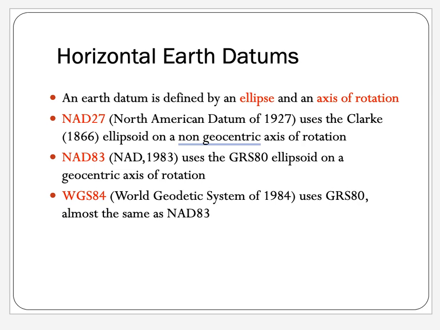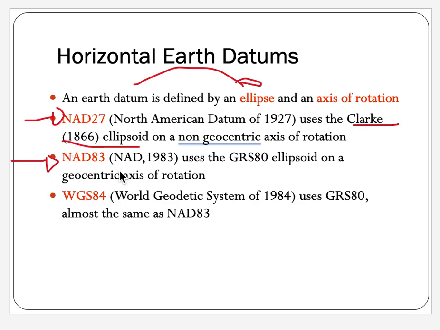Again, these are the horizontal Earth datums. And again, an Earth datum is defined by an ellipsoid and an axis of rotation. So we know that the NAD 1927 datum is retired, but this used the Clark 1866 ellipsoid. And we have the NAD 83 that replaced the NAD 1927.